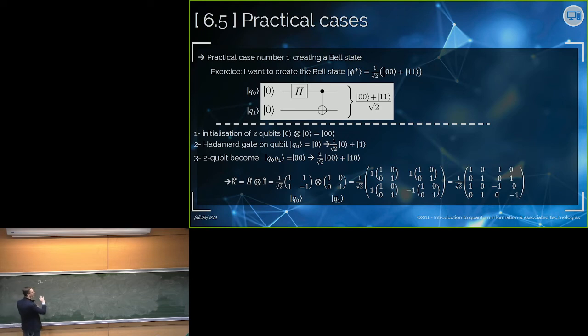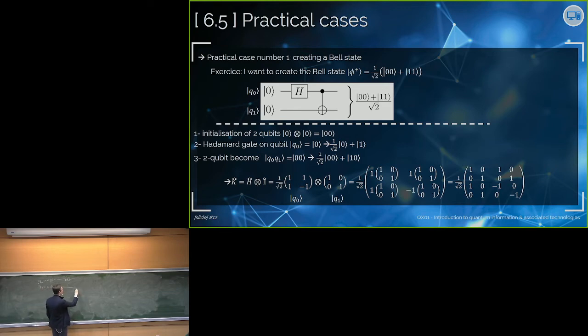But let's go back to the quantum computing part. So I start with 2 qubits, both of them initialized into the 0 state. And what I do is I apply on the first qubit a Hadamard gate. Okay, so up to here, these two qubits are still sort of separated. I can tensor product them, but in a way they're not related with each other.